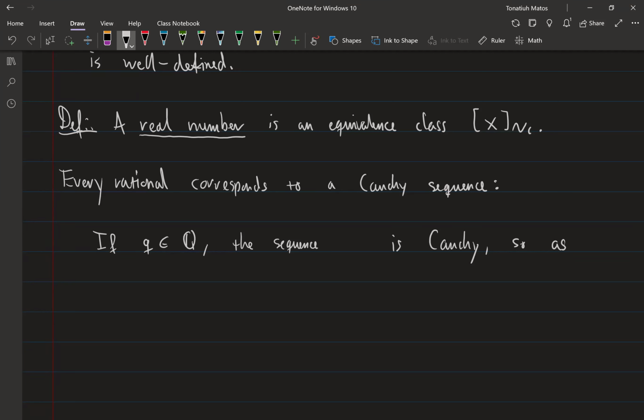So as before, the rationals are contained, right? There is a function f from the rationals to the reals, right?